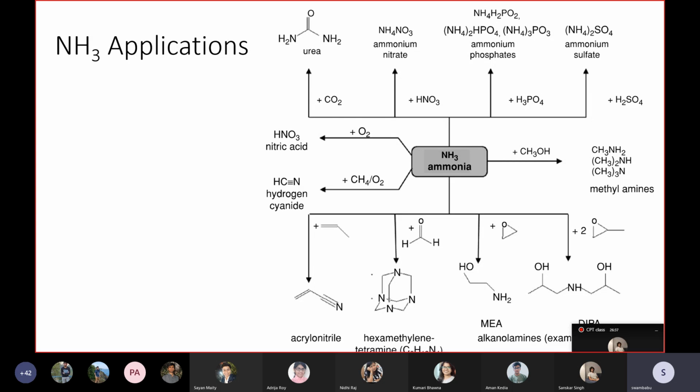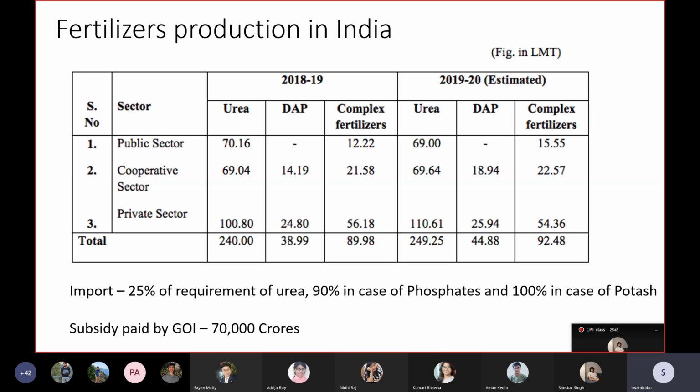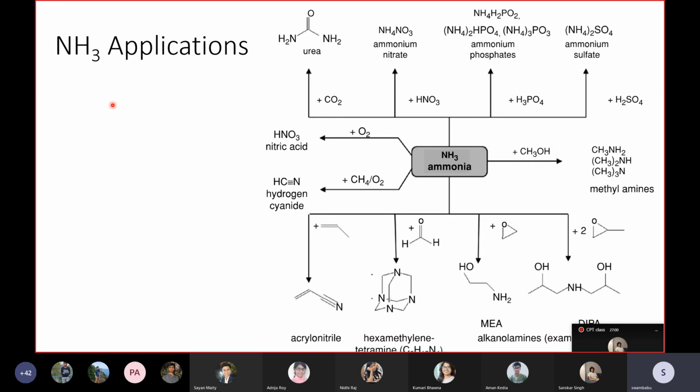So, how is urea being produced? What is the important raw material to produce these fertilizers synthetically, urea, DAP or complex fertilizer? The important raw material is ammonia.